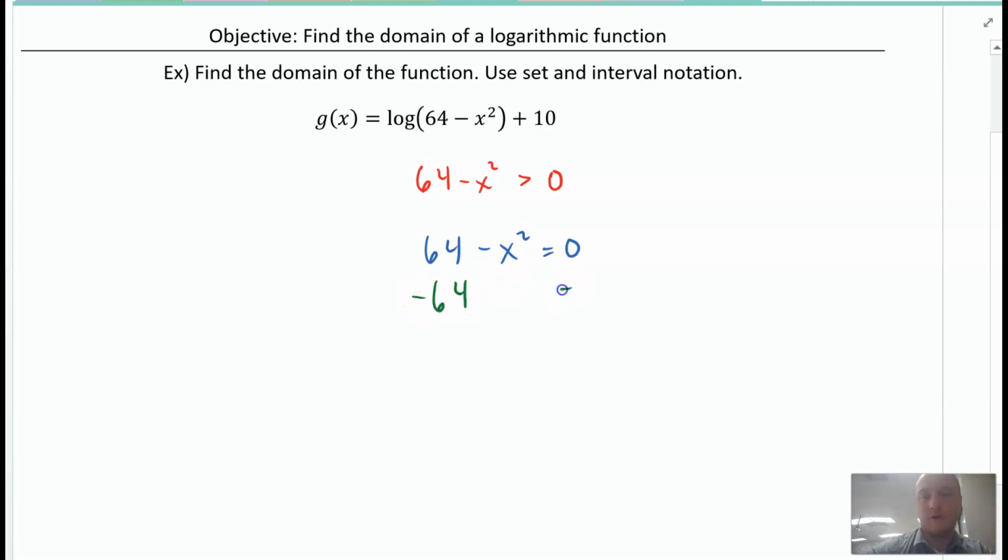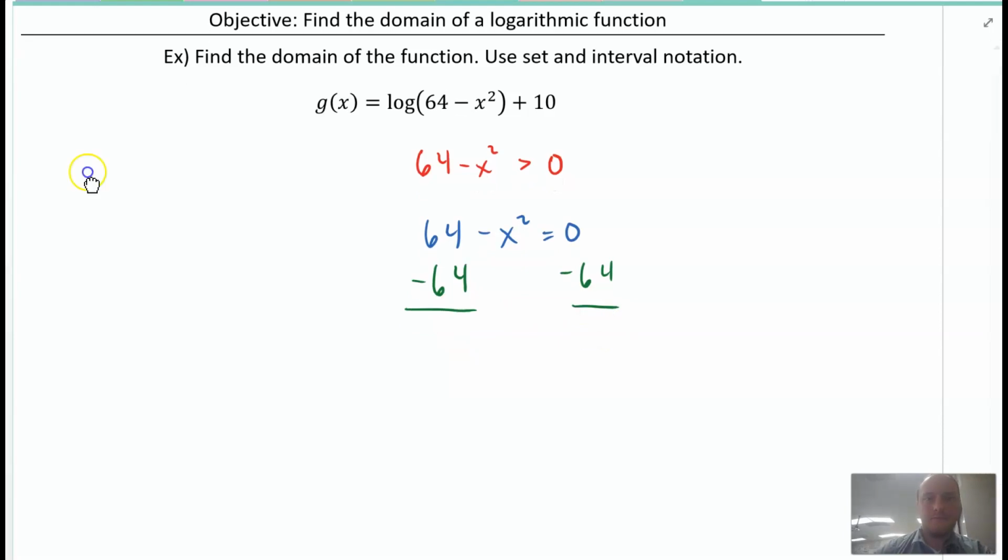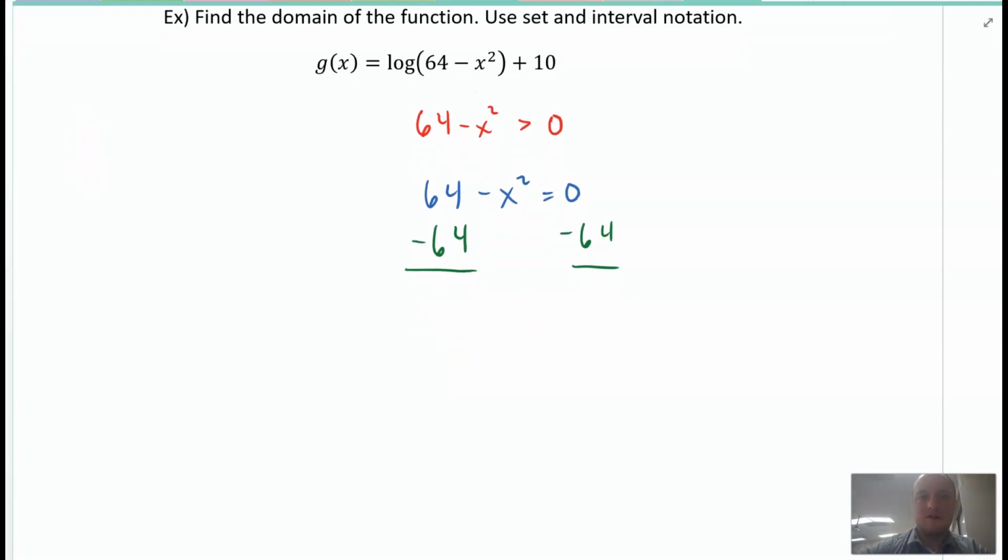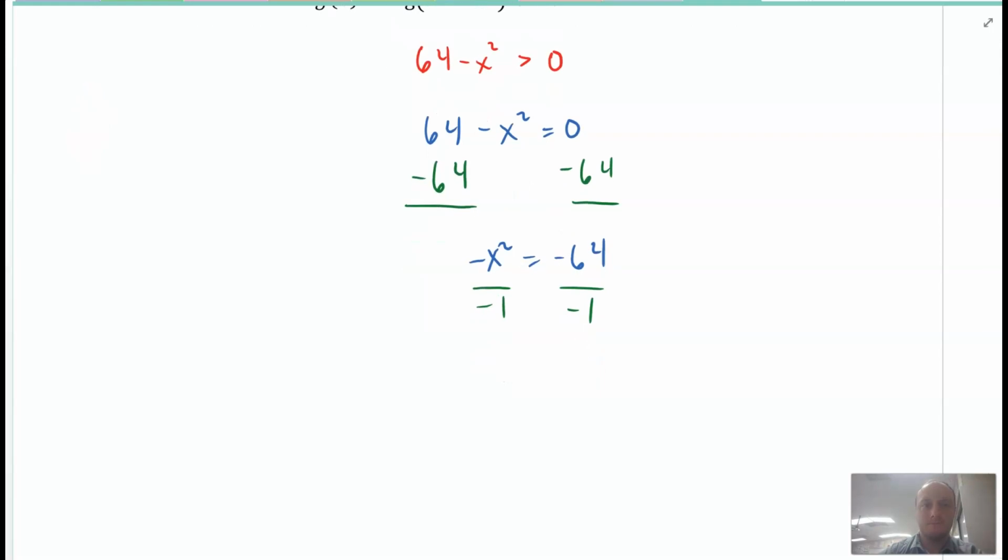And now I'm going to solve this. So I'll subtract 64 on both sides, giving us negative x squared is equal to negative 64. I'll divide by negative 1. We get x squared is equal to 64.